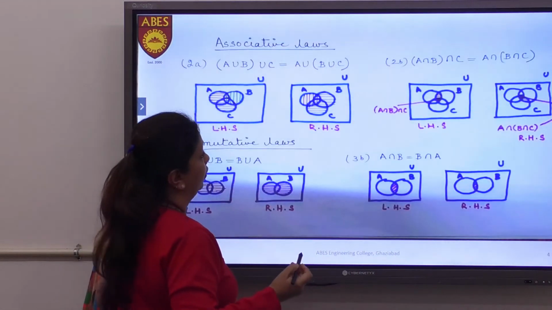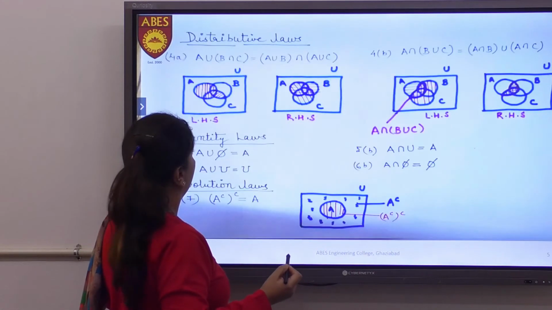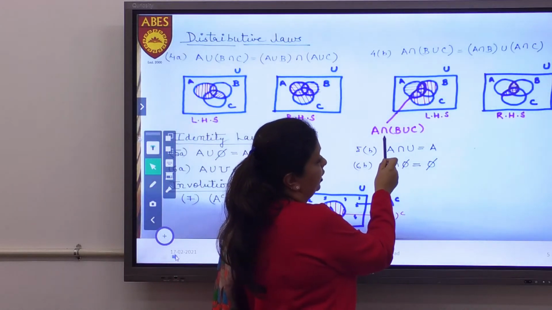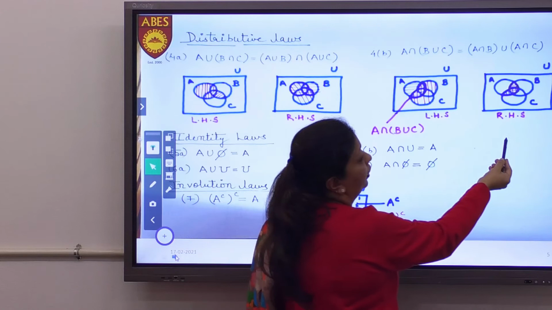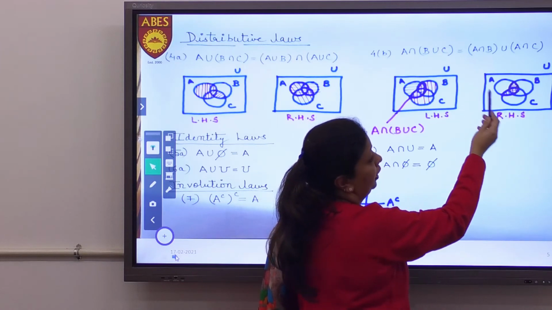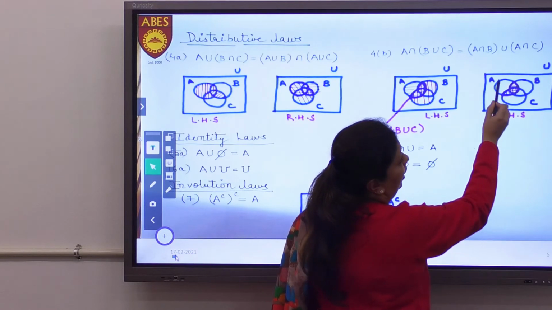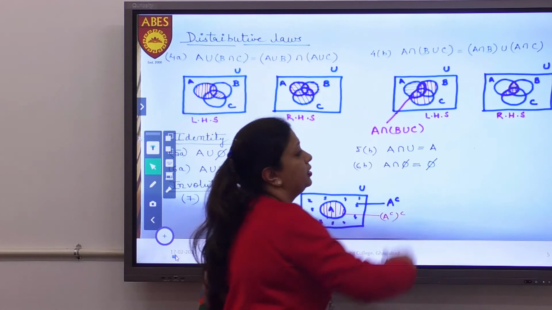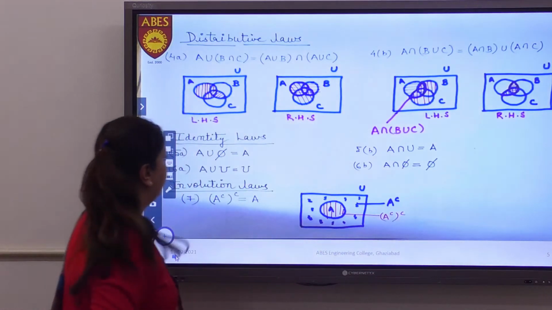So this shows you A intersection (B union C), and on the right hand side we have again shown the region A intersection B, that is the central part, and A intersection C, and then we have taken the union. So left hand side is again equal to right hand side.